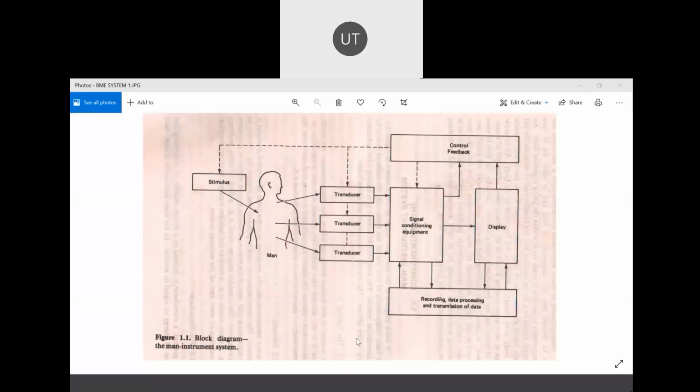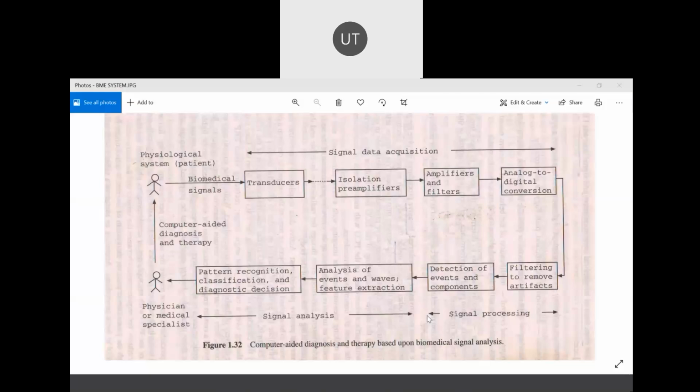This is the diagram from the book of Cromwell. So you can find the detailed blocks here.